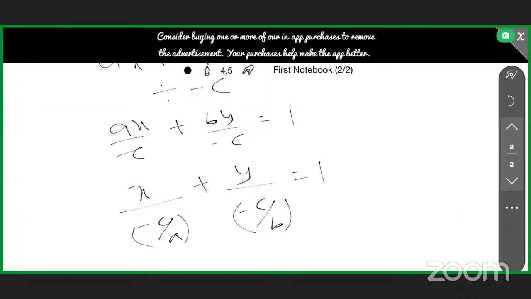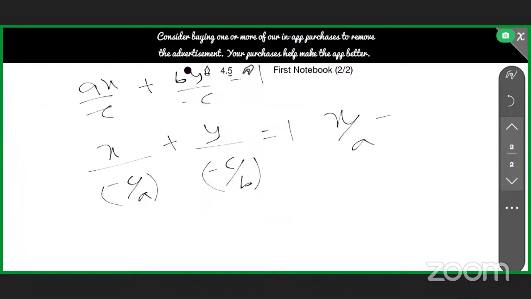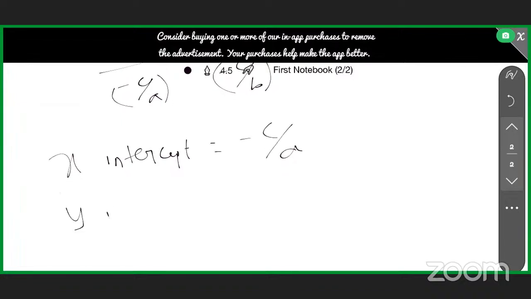Comparing this with the standard equation x by a plus y by b is equal to 1, the x-intercept is equal to minus c by a and the y-intercept is equal to minus c by b.